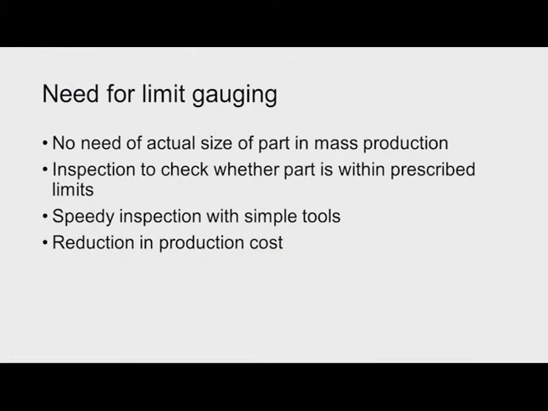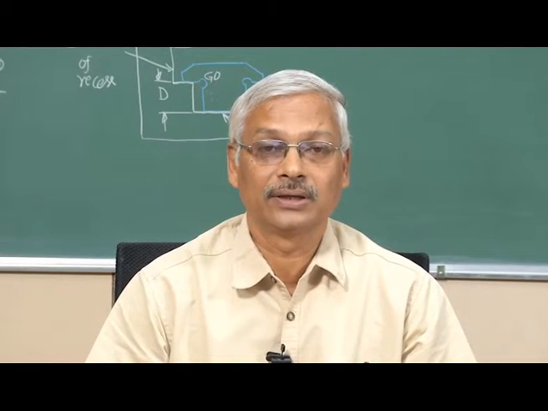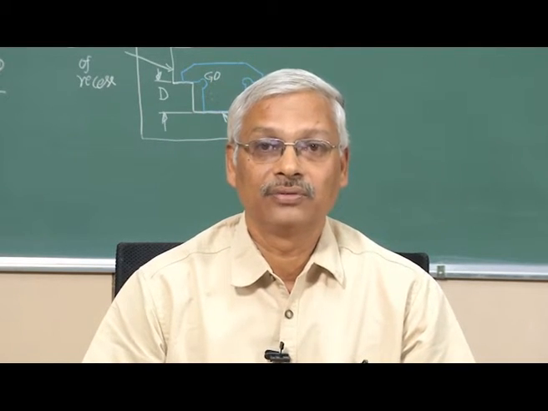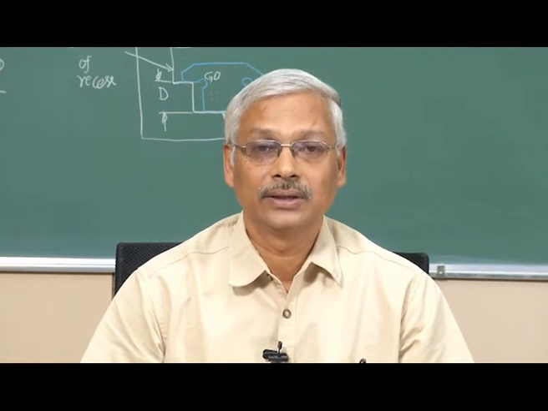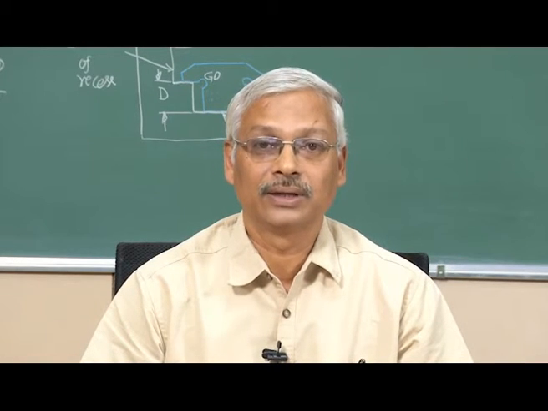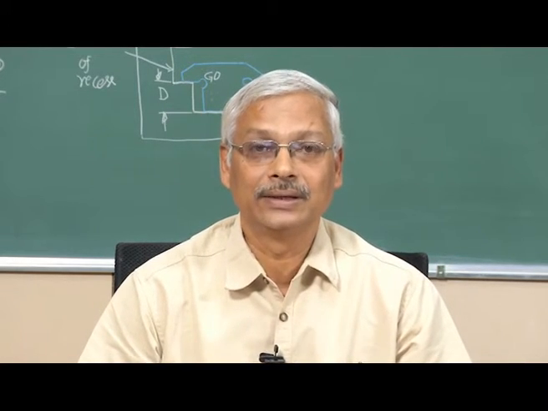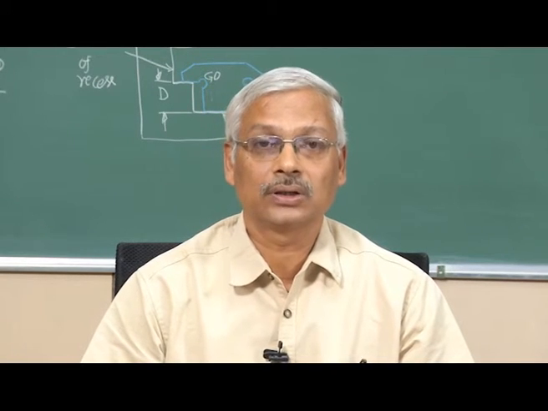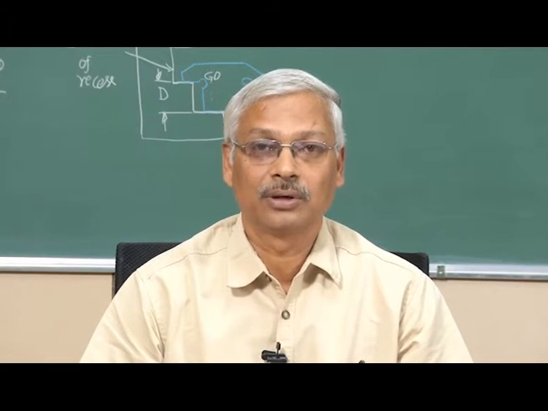Let us understand what is limit gauging. Now in mass production, the components are manufactured in large quantities, and many a times it is not needed to check the dimension of each and every component, and if we can just check whether the workpieces are within the prescribed limits, upper limit and lower limit, that will be enough, and there will not be any need to check the actual size of components using measuring instruments.